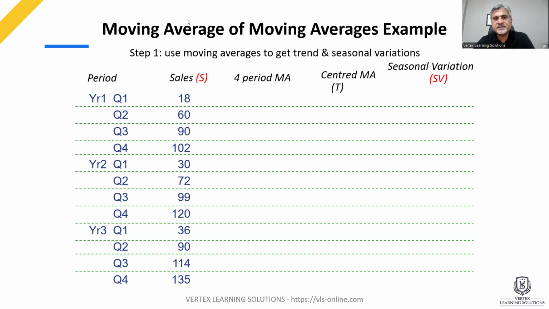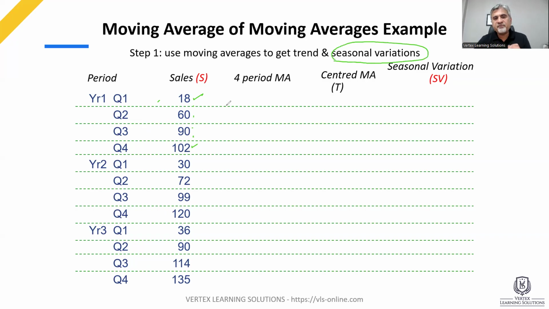So these are the sales which are given to us. We see that the sales are 18, 60, 90, 102, then 30, 72, 99, 120, and so on. So we see that the sales are increasing. They are lowest in quarter 1 and highest in quarter 4 because of some seasonal impacts. We said that there are seasonal variations.